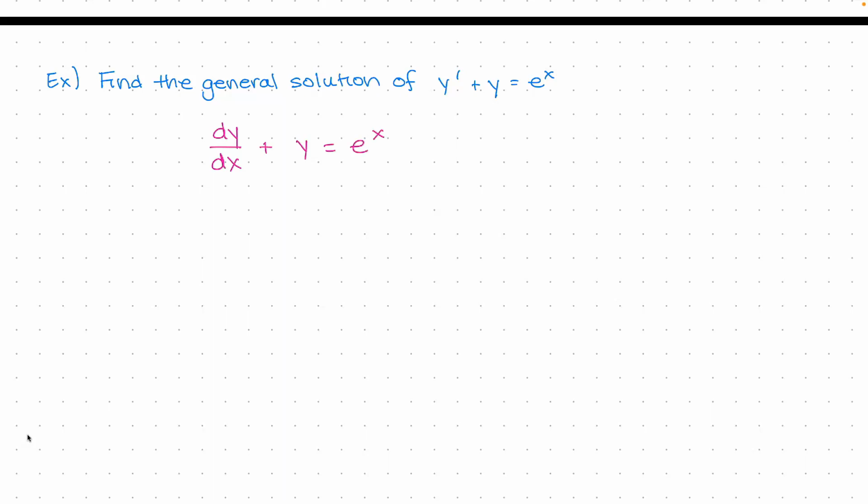So can you guys tell me what p of x is? 1. Excellent. Can you tell me what q of x is? Excellent. And then u of x, according to our formula, is e to the integral of p of x dx. So in this case, what is it?